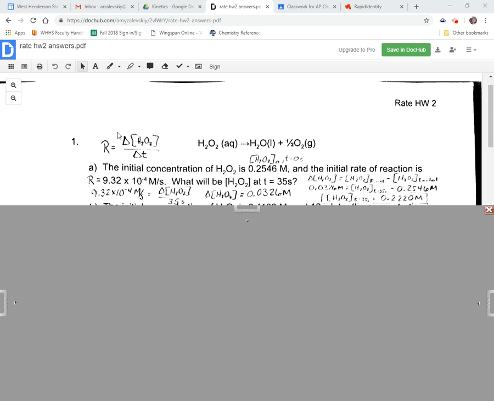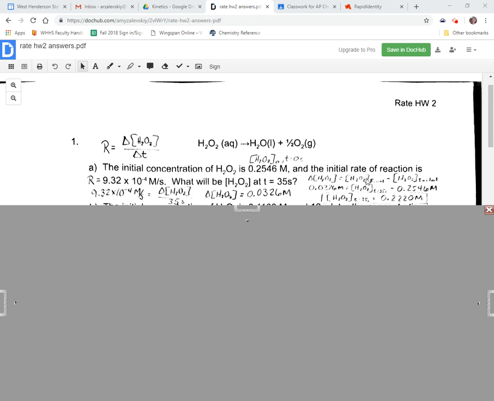So what I did is I just used this equation right here, that rate equals the change in concentration of that peroxide over the change in time. And I knew the rate, I knew the change in time, and so I just solved for the change in concentration. So that's my change in concentration right here. And then that didn't quite answer the question because they want to know what my final concentration will be, or my concentration at T equals 35.